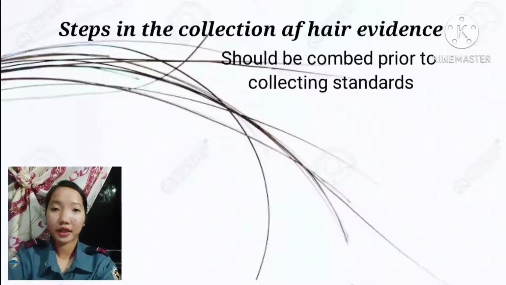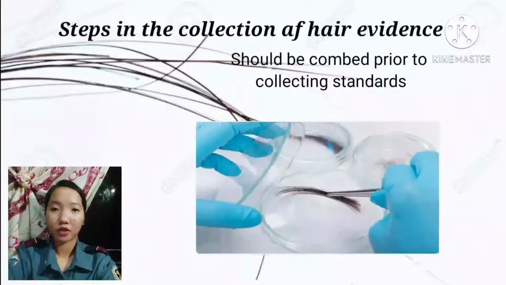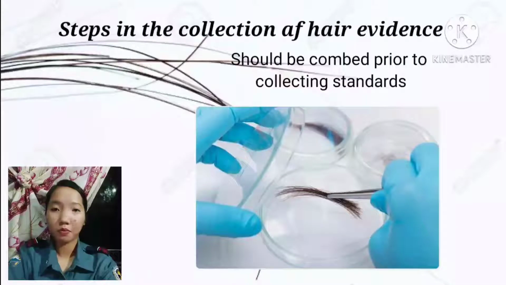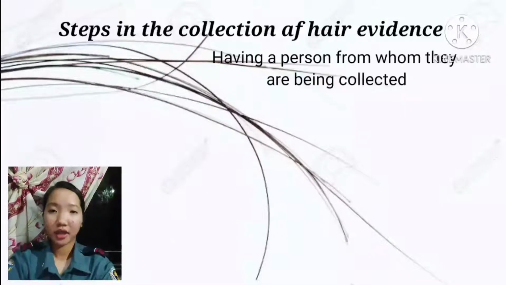Next is, in rape cases, the victim's pubic regions should be combed prior to collecting standards. Dapat ma-obtain ang known sample ng victim or suspect para maikumpara sa unknown specimens. Then last is the recommended method for collecting head hairs.